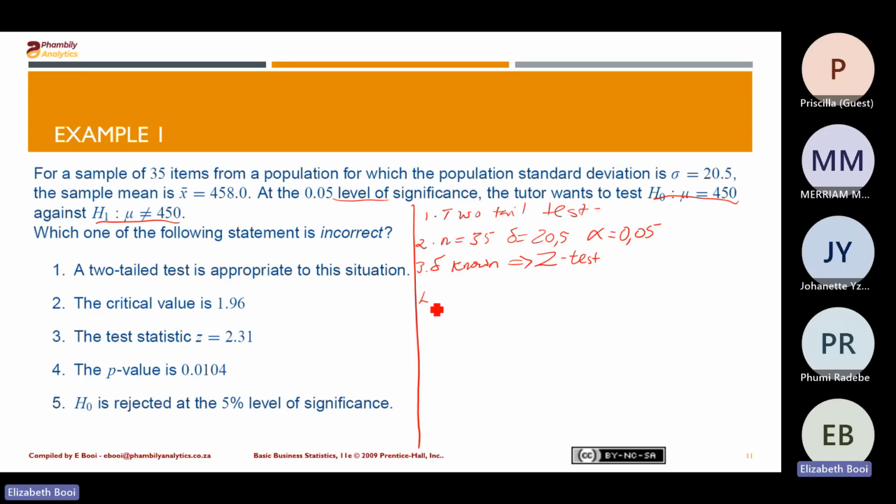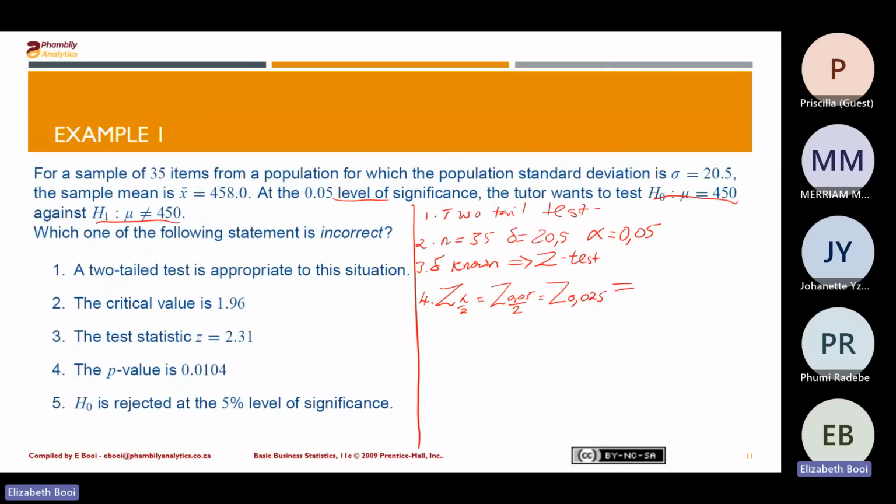Step number 4, it said, find the region of rejection. I'm doing a two-tailed test. Therefore, it means I have two regions of rejection. Z alpha divided by 2, which will be Z of 0,05 divided by 2, which is Z of 0,025.